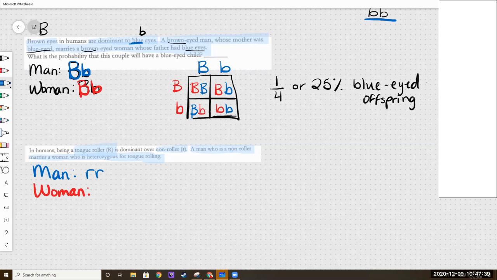All right, and then for the woman, Jacqueline, you can type it in the chat or you can say it out loud. What would the woman who is heterozygous for tongue rolling, what would she be? Jacqueline, are you there?